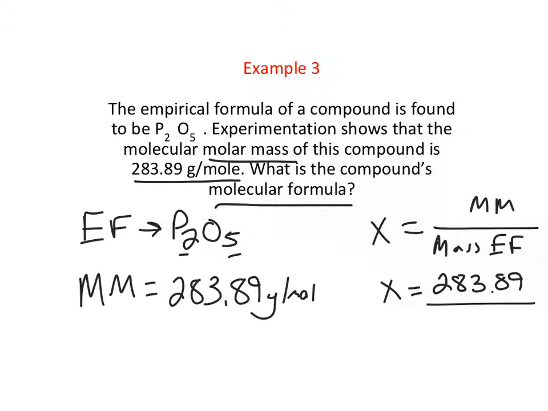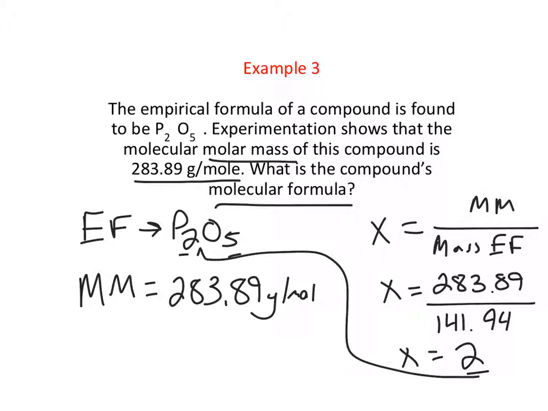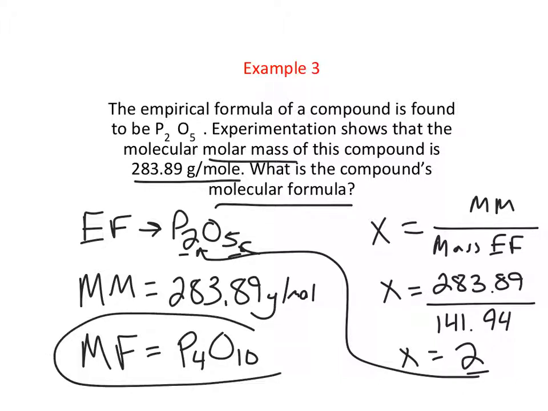So I add together phosphorus times 2 plus oxygen times 5, and I get 141.94, and when I solve that out, I get 2. So I need to double those subscripts for the molecular formula. My molecular formula would be P4O10. That's the unreduced version, the one that's important to me. If you're ever asked for the molecular formula, just have one more step after you find the empirical.